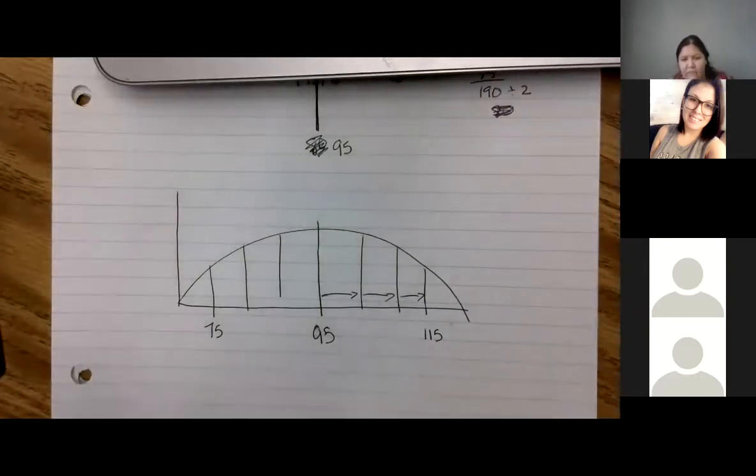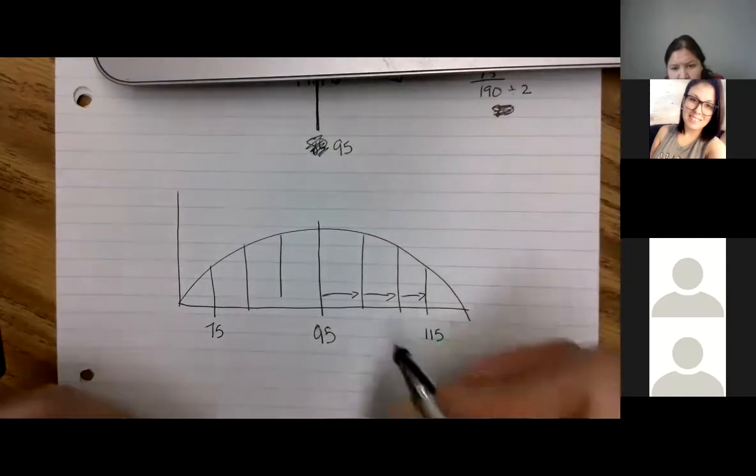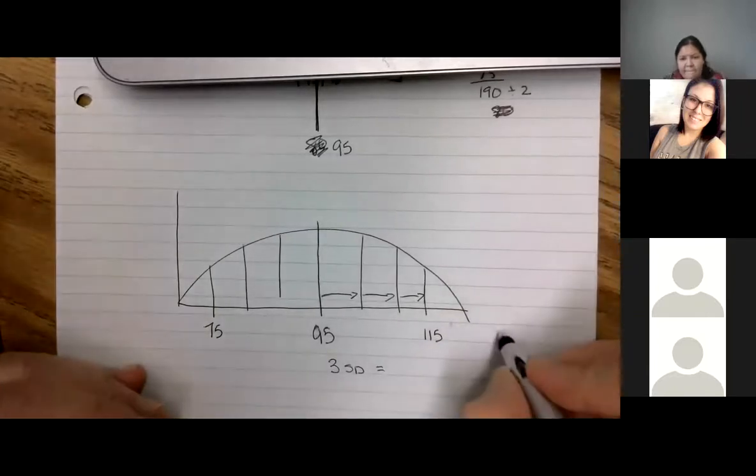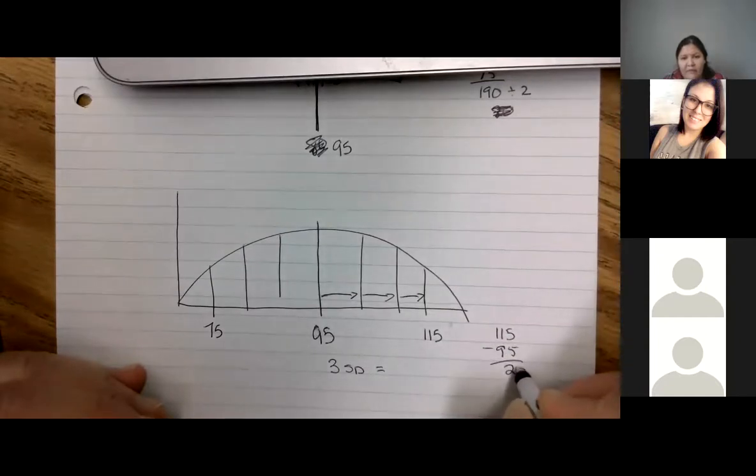Are all of those going to be the same size? Anybody? Yes, those are our standard deviations. So we know that 3 standard deviations is equal to, if I go 115 minus 95, I get 20.